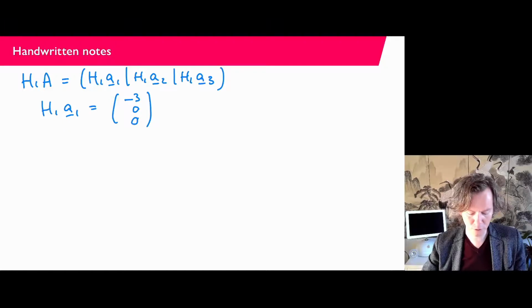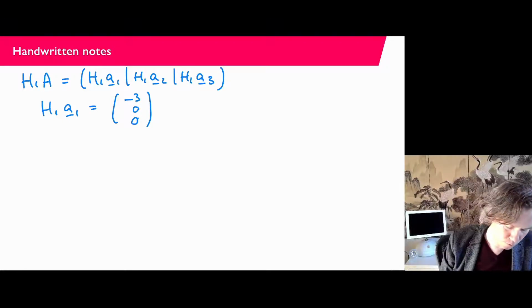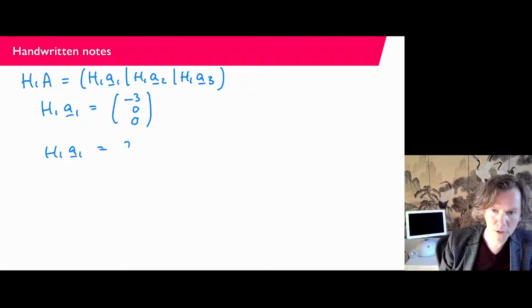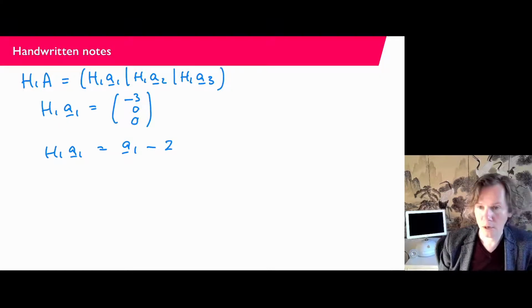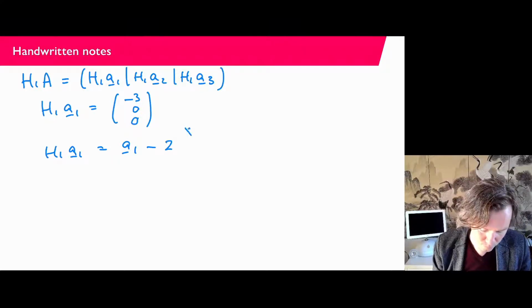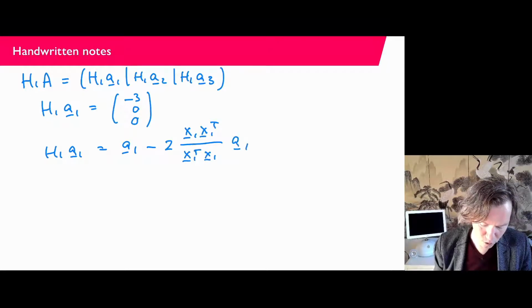You could also say, well, H1 a1 is the same as a1 minus 2 x1 transpose a1 over x1 transpose x1 times x1.